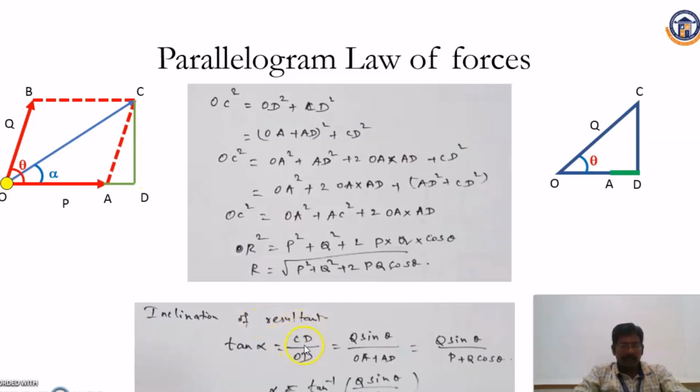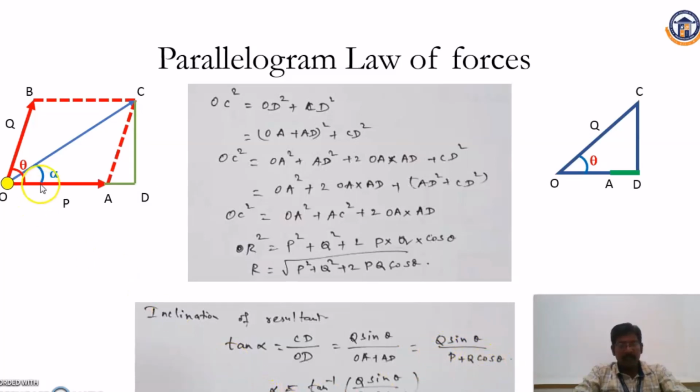So we have found that CD is equal to Q sin theta previously, and OD is equal to OA plus AD. So this OA is nothing but P and AD is nothing but Q cos theta. So this can be expressed as Q sin theta divided by P plus Q cos theta.